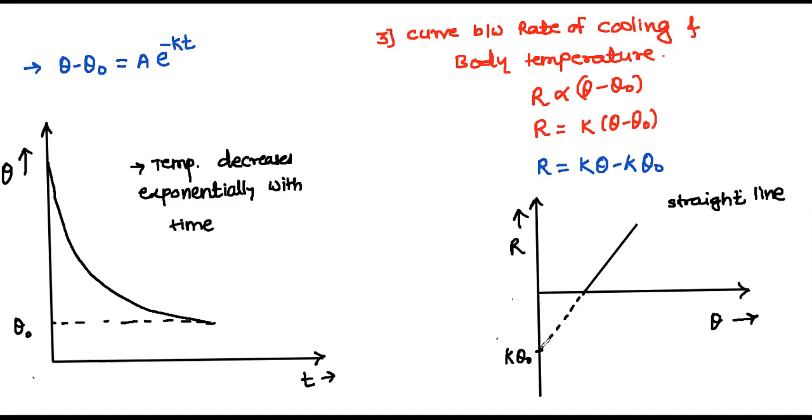Like this. This is the x intercept, and the y intercept we can say is at minus K theta naught. It cuts the R axis at minus K theta naught, which means this straight line will start from here actually.